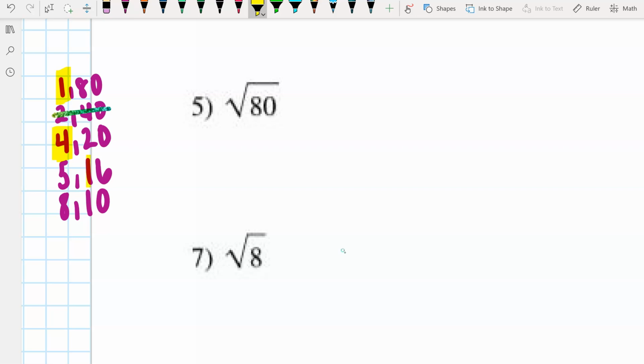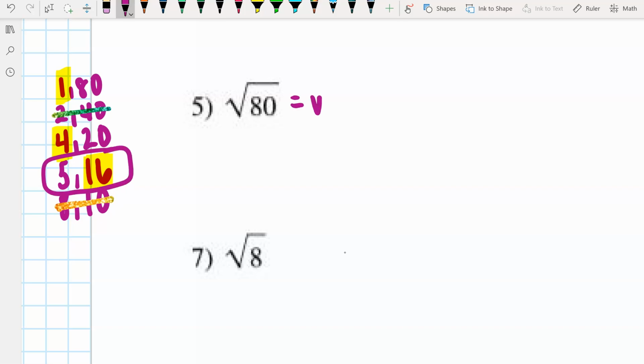We have 5 and 16. 16 is also a perfect square. And 8 and 10 are not. Okay, so if we tested those in the calculator, we would get really big decimal numbers. So now we have 3 options to choose from. Okay, but we want the greatest perfect square factor, which is 5 and 16.